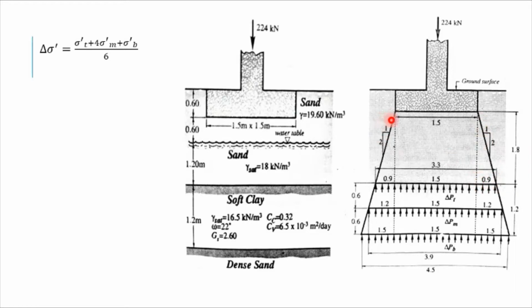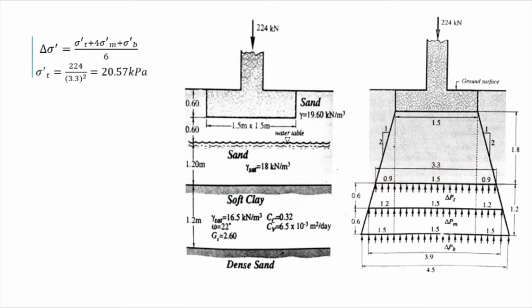At meron din dyan na triangle na ito, kung ito ay 1.8 and 1:2 method siya, 0.9 itong nasa baba. So therefore, yung area of distribution ng ating load is 1.5 plus 0.9 plus 0.9, it's equal to 3.3.